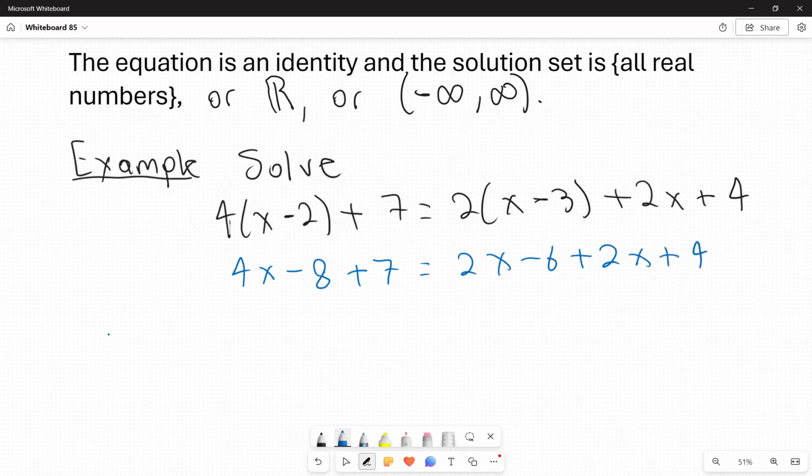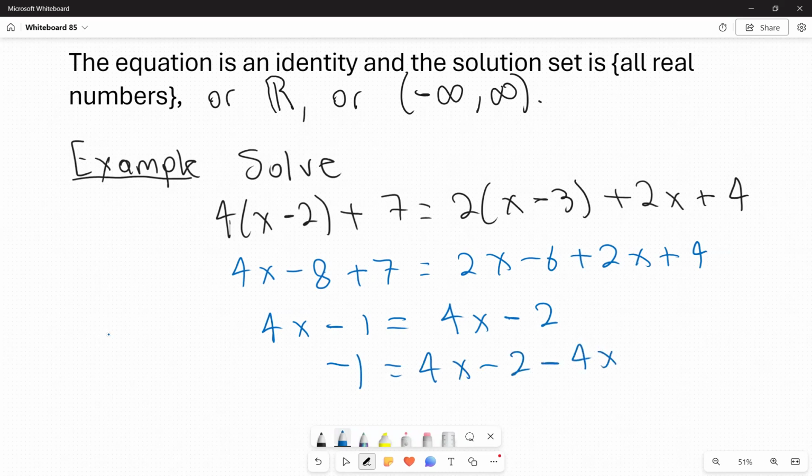Next, combine like terms. -8 plus 7 is -1. 2x plus 2x is 4x. And -6 plus 4 is -2. And then if you take the 4x and pass it to the other side, you get -1 equals -2 minus 4x plus 4x.